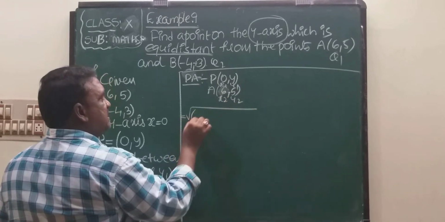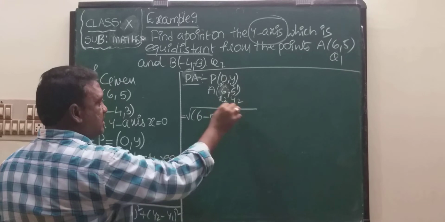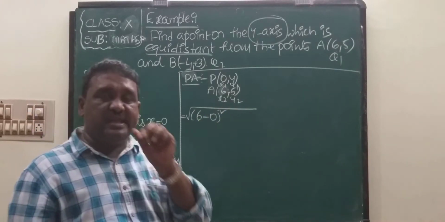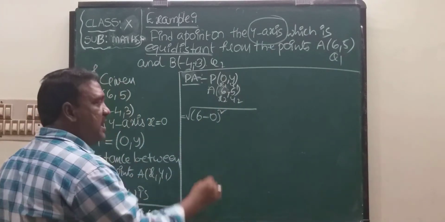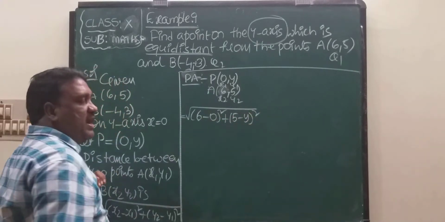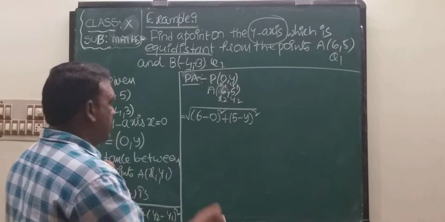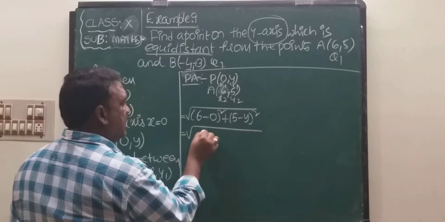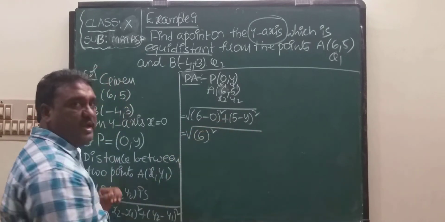Root of (6 minus 0) whole square plus (5 minus y) whole square. What is 6 whole square? First one, 6 whole square.